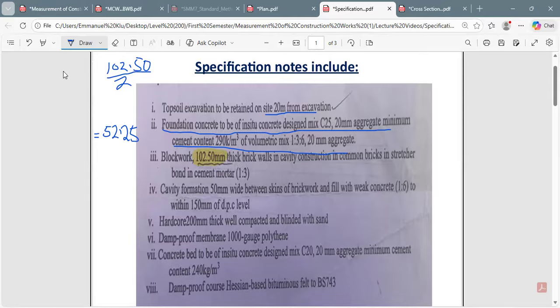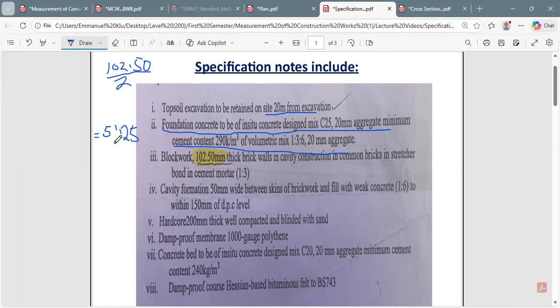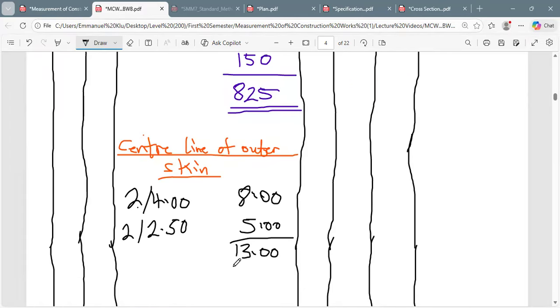No, it's supposed to be 51.25. So that is 51.25. Good. So that is Blockwork, 102.50 thick brick wall in cavity construction. So keep this value somewhere. I'm going to talk about it shortly. So this is the value we had.